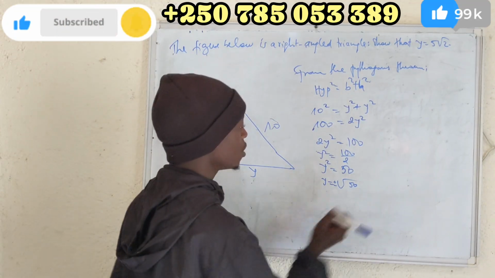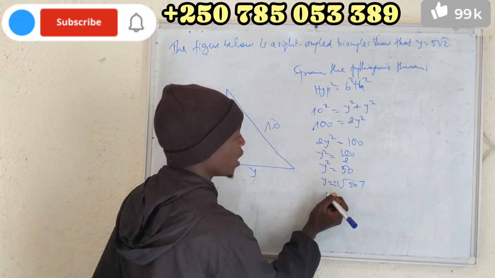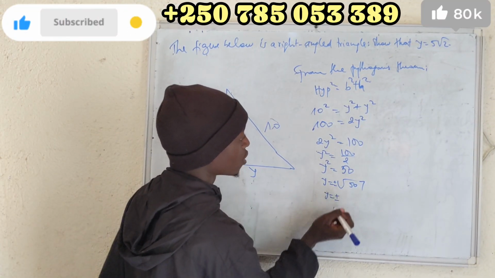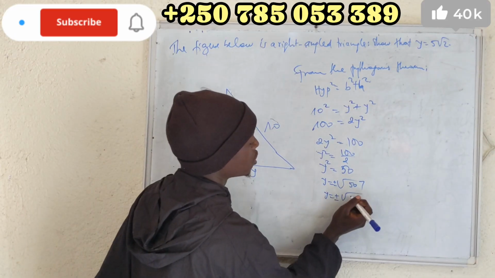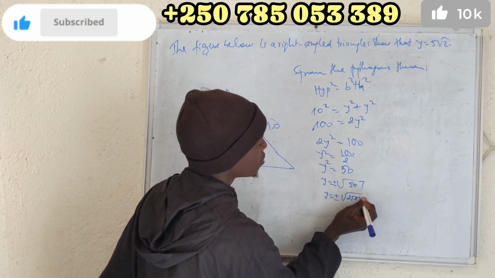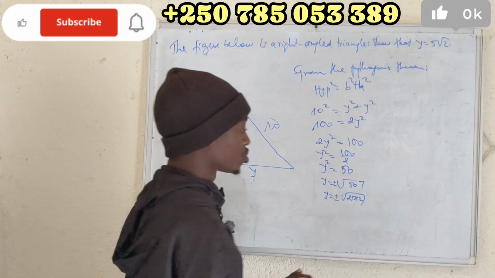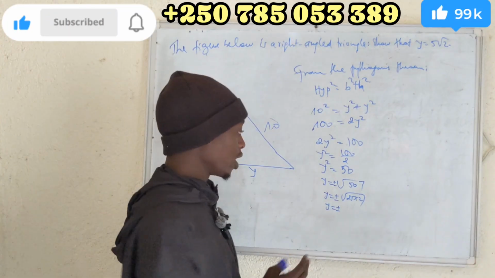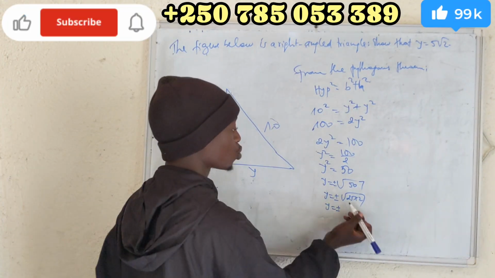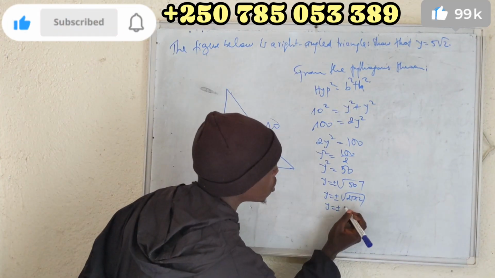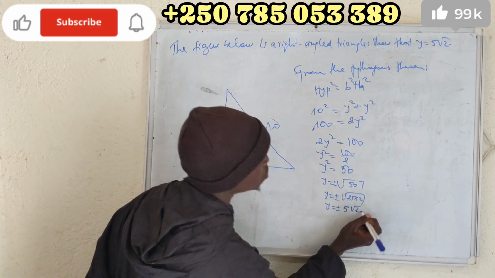Here y is equal to plus or negative root of 25 times 2. So y is equal to plus or negative the square root of 25, which is 5, root 2.